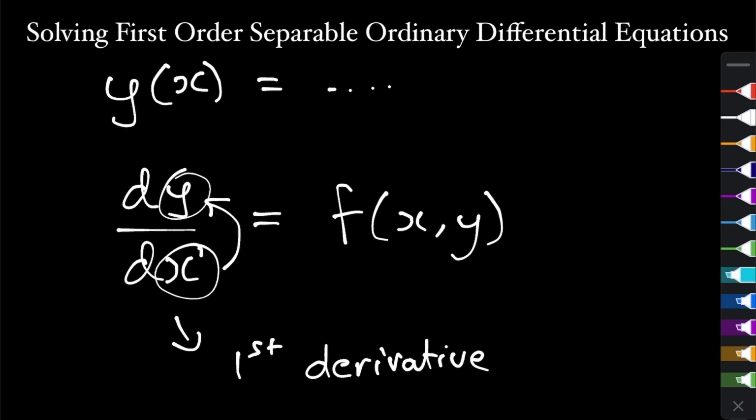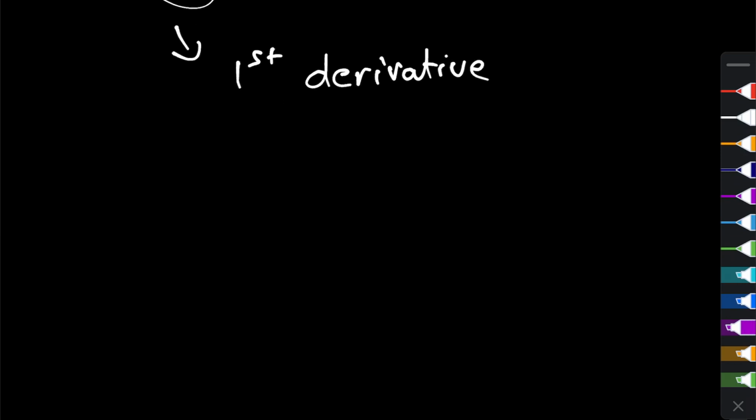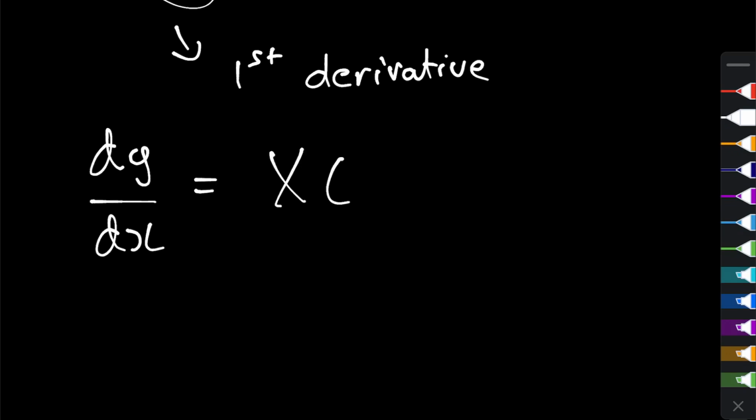Let's get started by solving first order ordinary differential equations that are separable. So to understand what separable means, a first order ordinary differential equation that's separable looks like this. So dy dx is equal to some function, let's call it big X, that only depends on x, and some other function big Y that only depends on y.